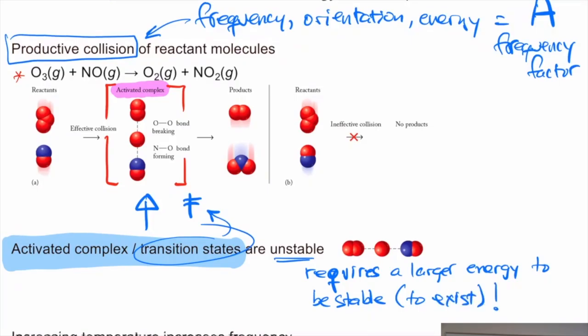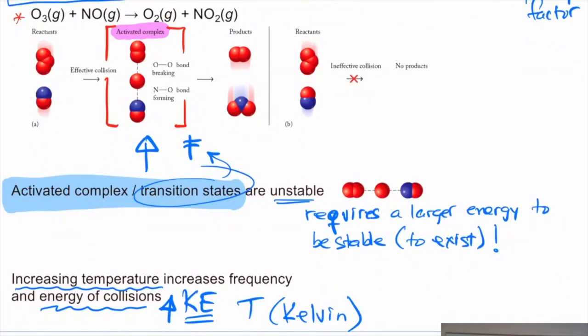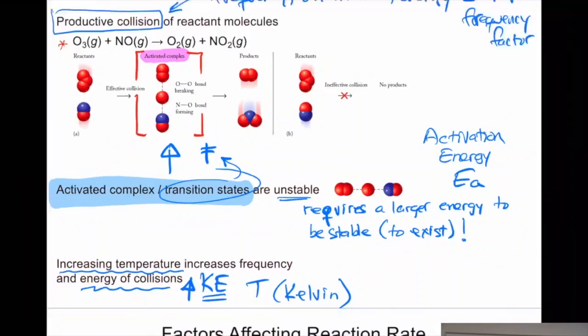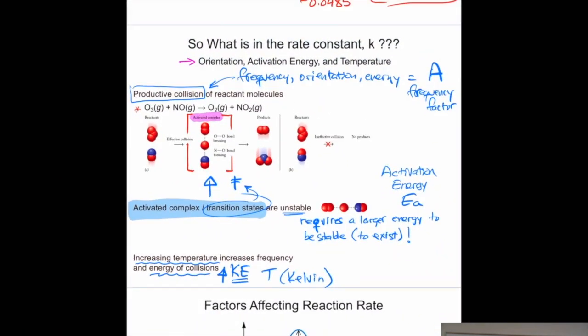Okay? That energy, this is what we call the activation energy. And we use E sub A for our activation energy. All right? So K collectively has all of these components in it. K has an A factor component, it has an energy activation component, it has a temperature component. Those are all part of K.